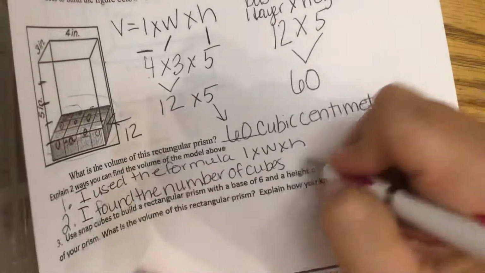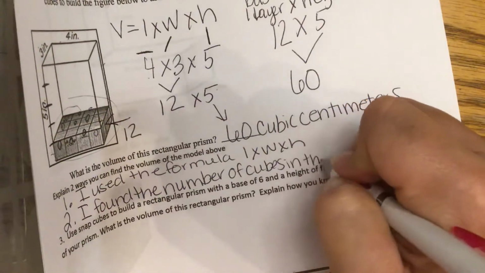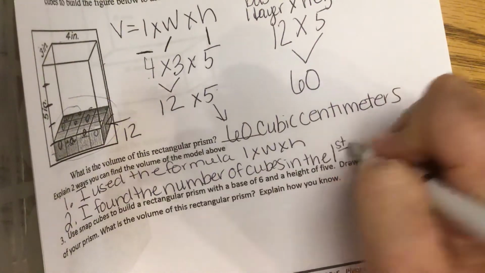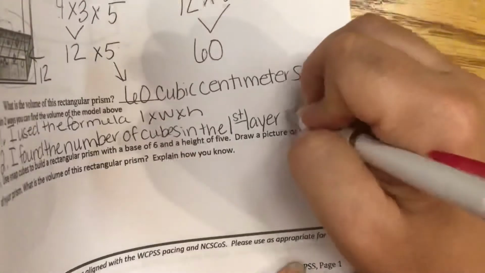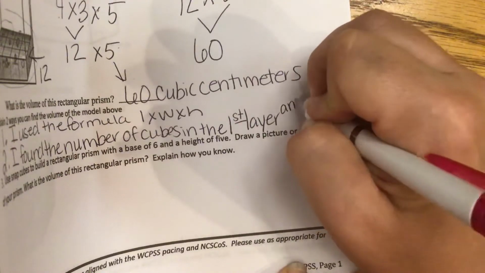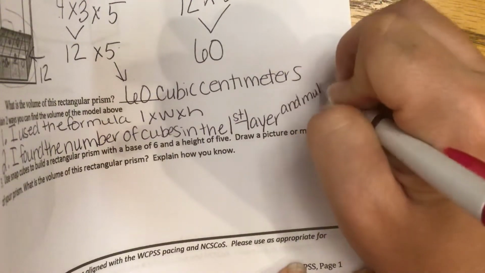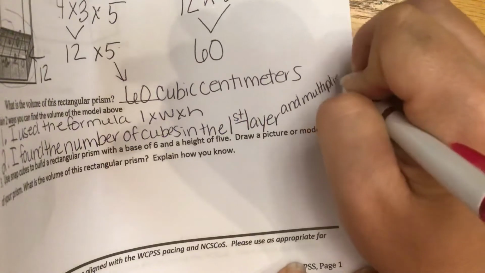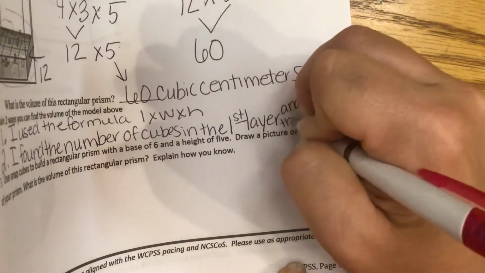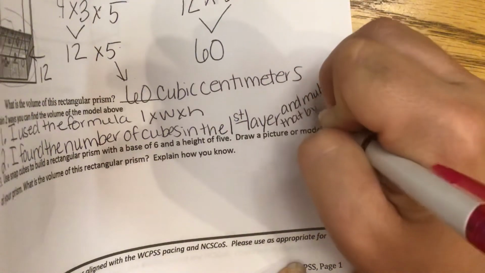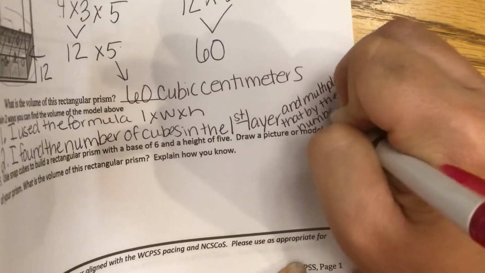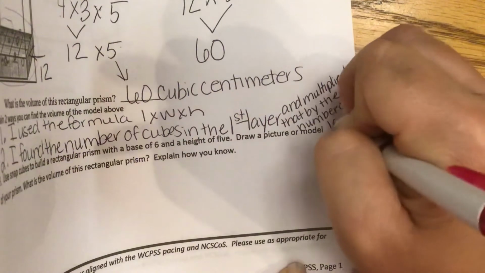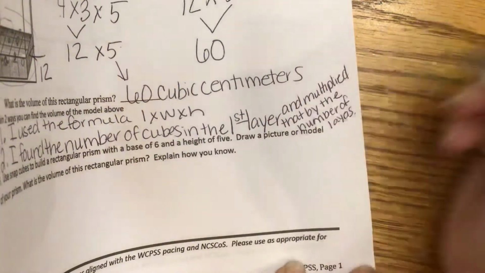I found the number of cubes in the first layer, and multiplied that by the number of layers. So I showed my work and I explained in words.